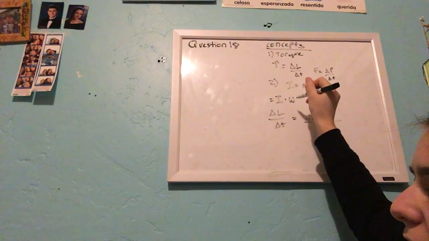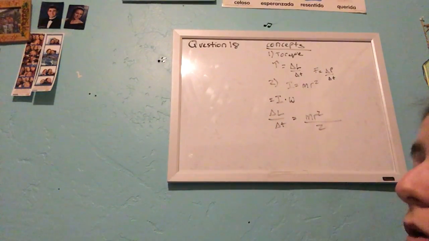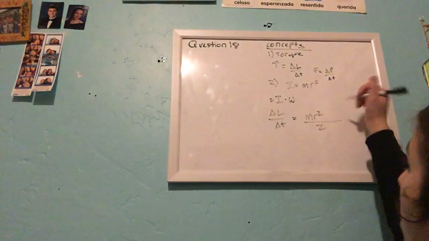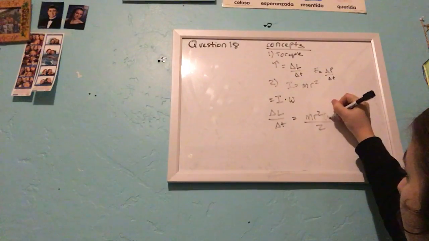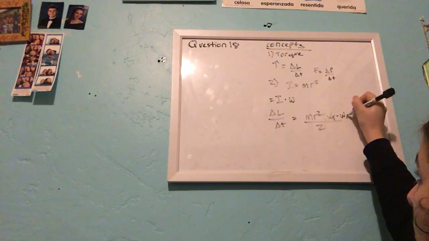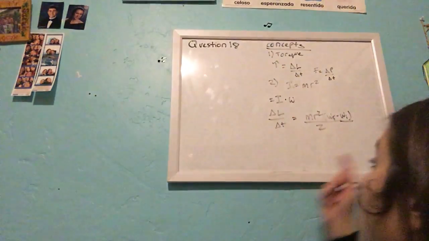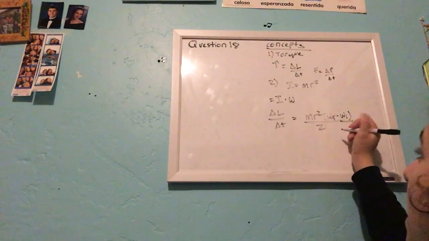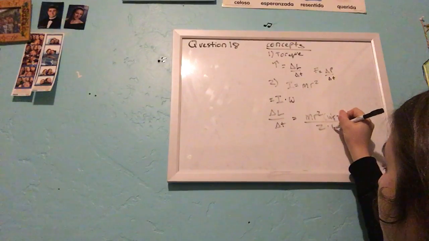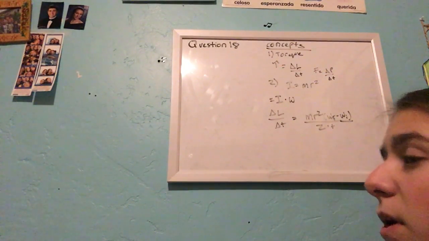Then we have angular velocity, and remember we're looking for the change in it, so the final angular velocity minus the initial angular velocity. Since we're looking at the change in angular momentum, that's what it's going to be, and then divided by the change in time.